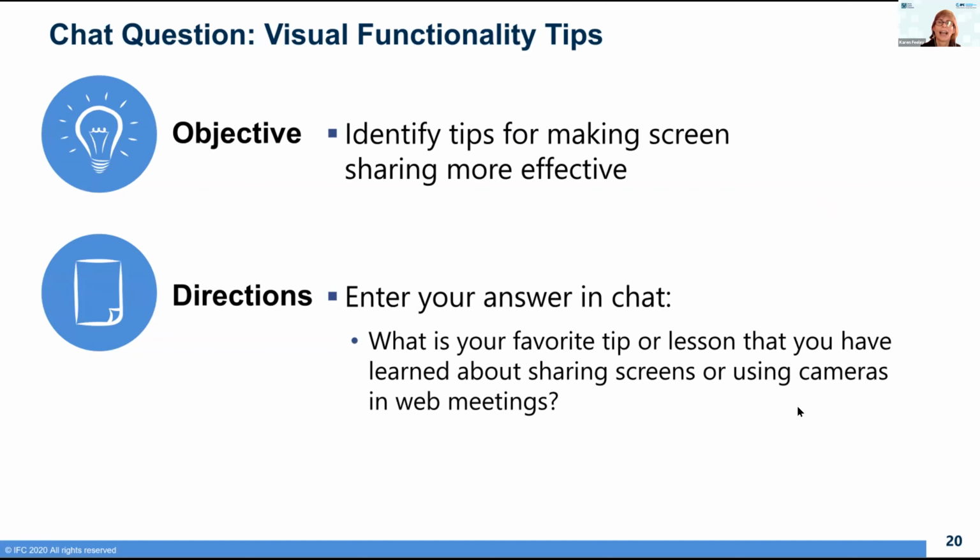Go ahead and write it in the chat. What is your favorite tip that you've learned over the past year or so on using screen sharing or web cameras?